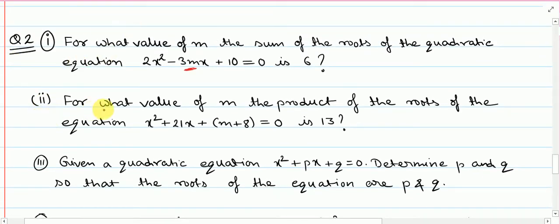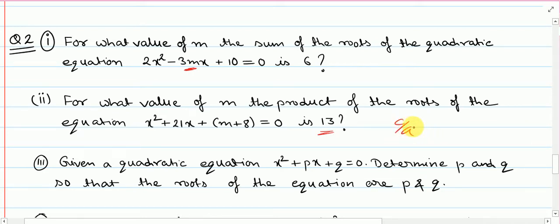Here it says, for what value of m the product of the roots of the given equation, x square plus 21x plus m plus 8 equal to 0, will be 13. Means here the product should be 13. So what should be the value of m in that case? Clear? So we know that the product of roots is given by c by a.